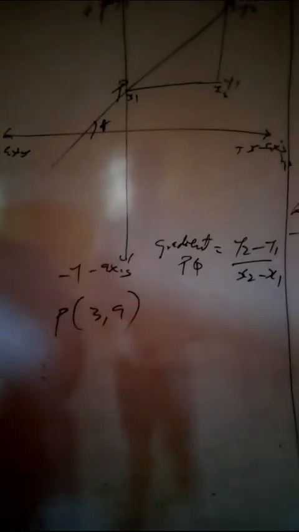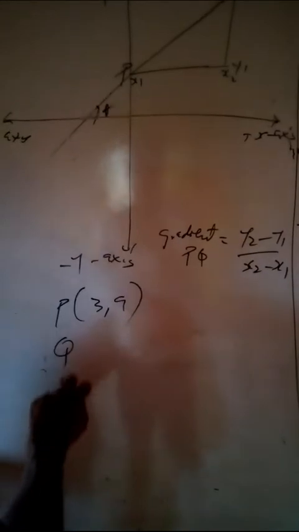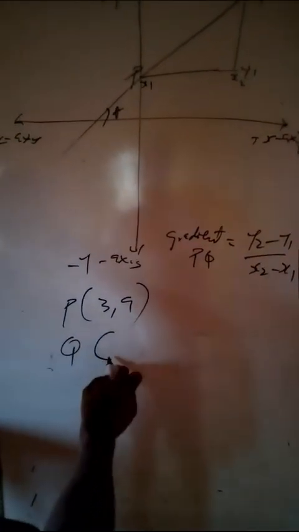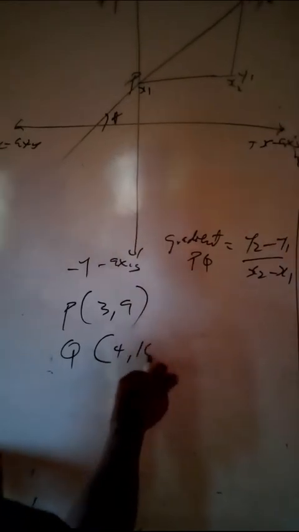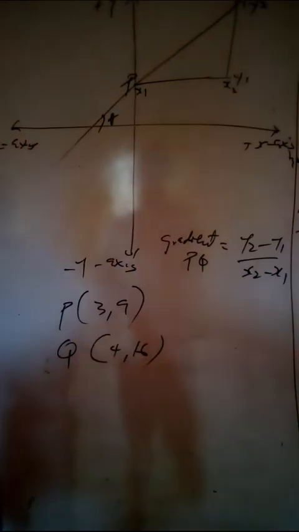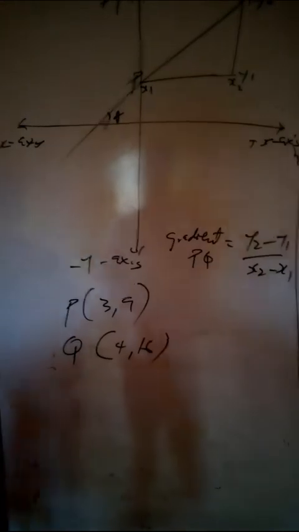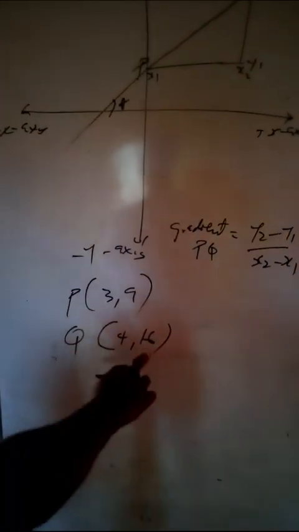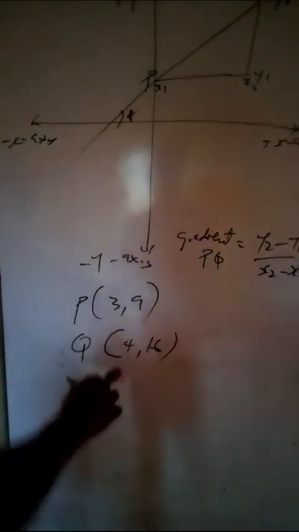So if we have the position of Q, and we say that position Q is 4 and 16, then what we are saying now is that in position Q, y is 16 and x is 4.